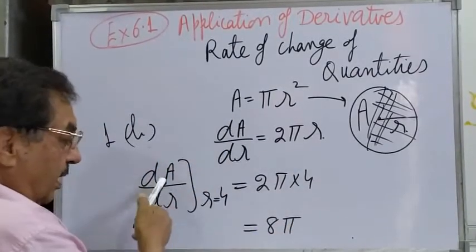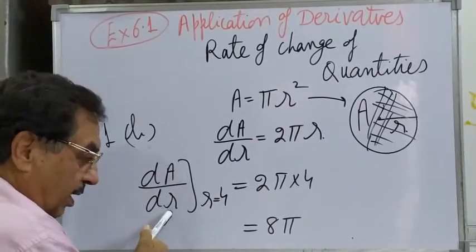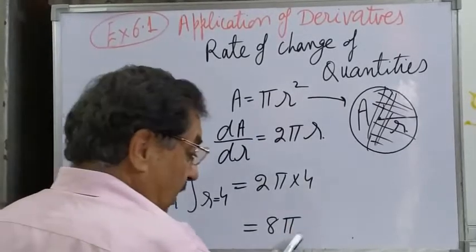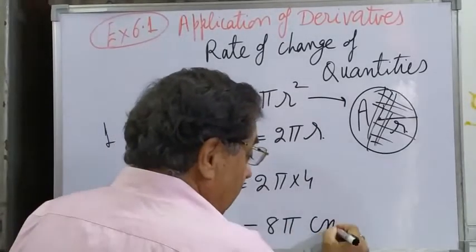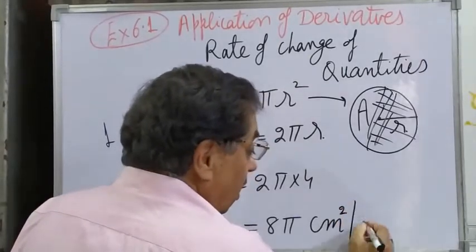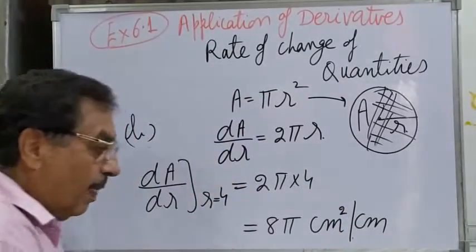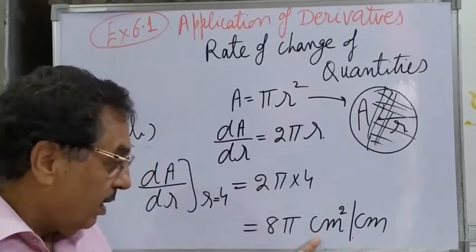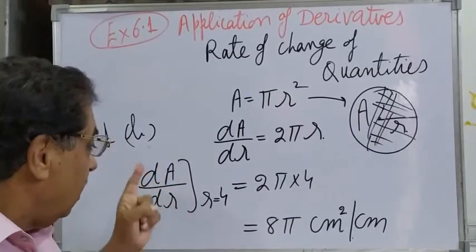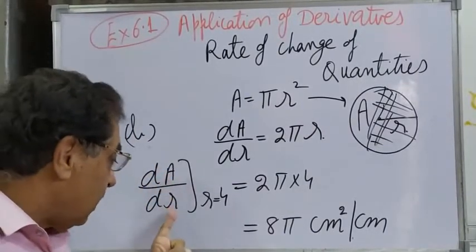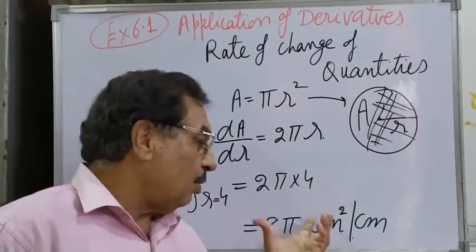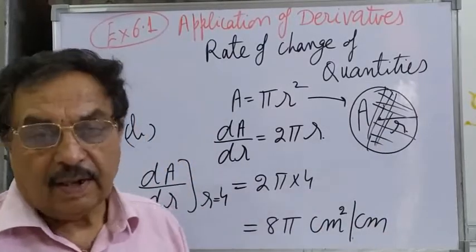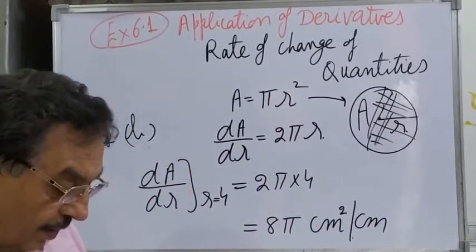So area is changing with respect to radius at 8 pi when the radius is 4 centimeter. The area has the unit centimeter square, and this centimeter is the unit of the radius. This dA by dr is the rate of change of area with respect to radius, that is, how the area in centimeter square changes with respect to radius. Okay, so this is the answer for this one.